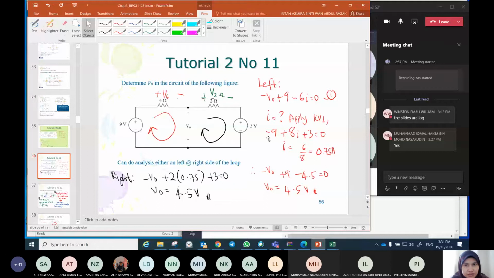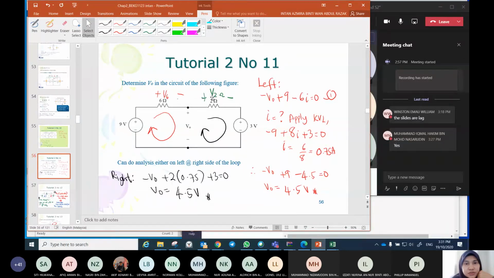In this example, let's say we analyze the right side, the black one. Let's say we start at V0, the first sign. So minus V0 plus V of 2 ohm here.